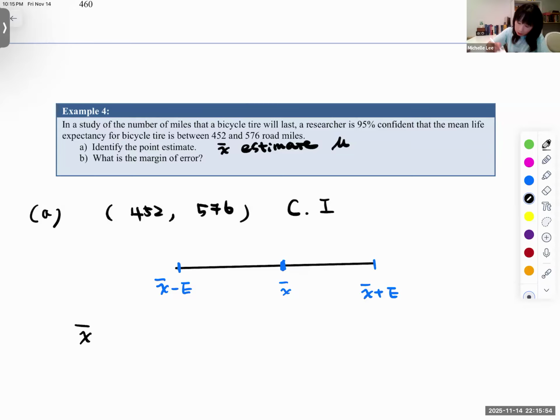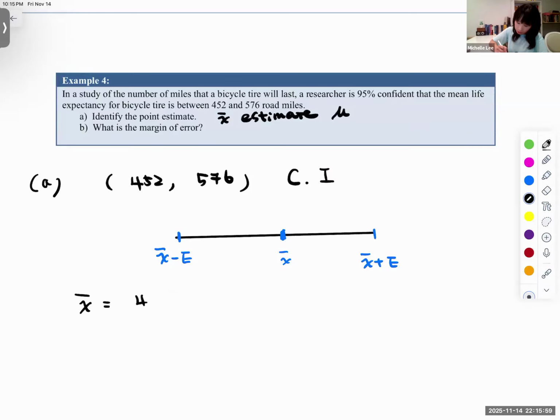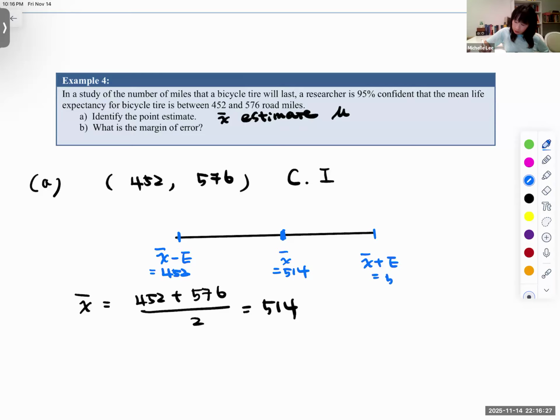So x bar equals 452 plus 576 over 2. Can you please calculate? Yeah, 514. Okay, so x bar will be 514 there in the middle, and this is 452, and this is 576. All right, good job.